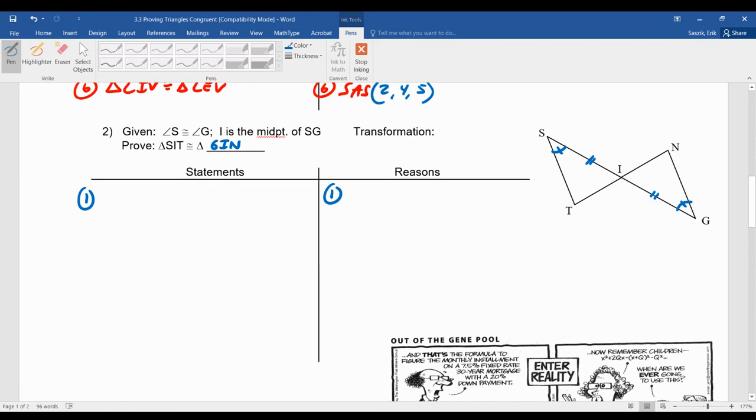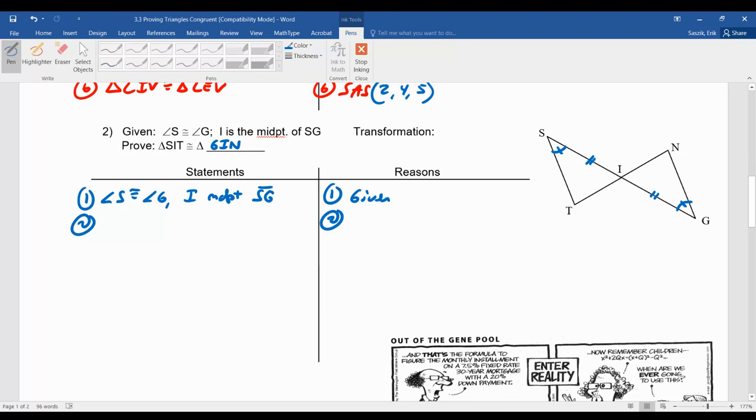So let's get our given information down. Most teachers make you do this separately. I'm okay if you combine these into one step. Just saves a little time, and I'm going to do that. Okay. Now again, we want to catch up to our tick marks, right? We mark this congruent. Well, we were told they were congruent, so that's fine. But I is the midpoint of SG.